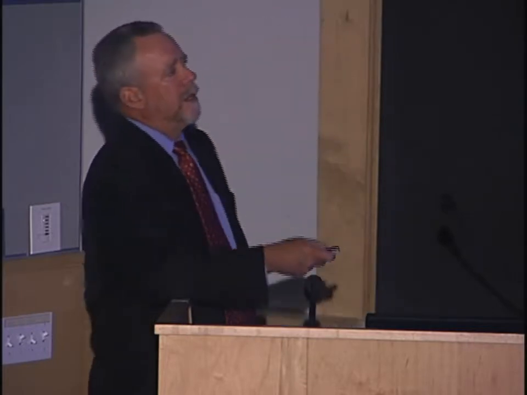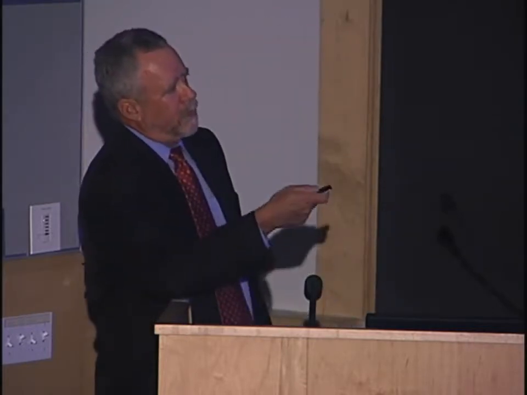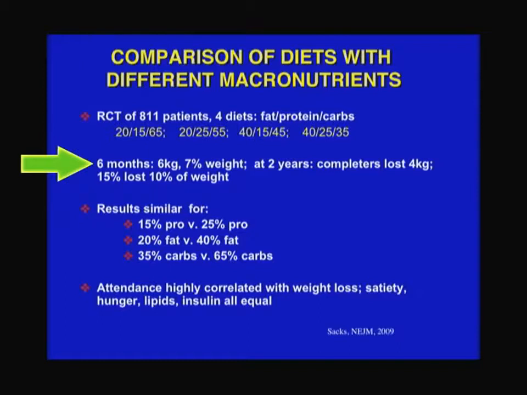But if you're going to an intense intervention at a serious program, and there were the same amount that lost more in all these diets. And the point was that whether you restricted protein a little, restricted fat a little, or restricted carbohydrates a little, it didn't really matter. And all of these had the same amounts, the same distribution of responses.